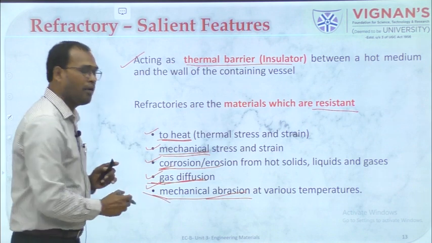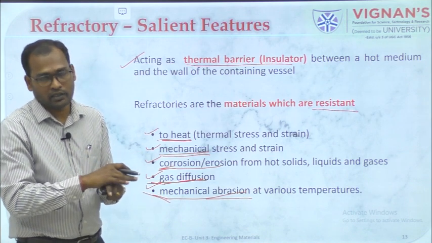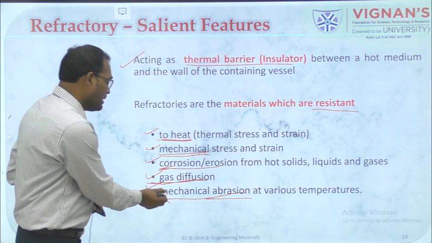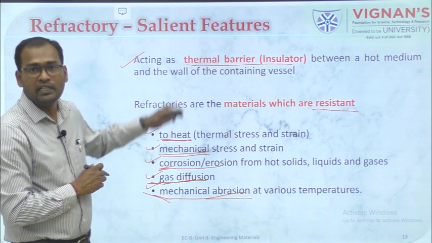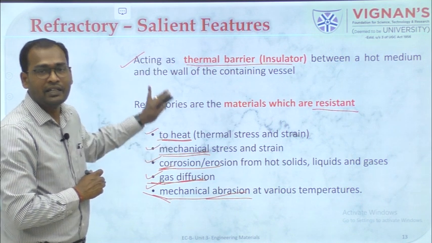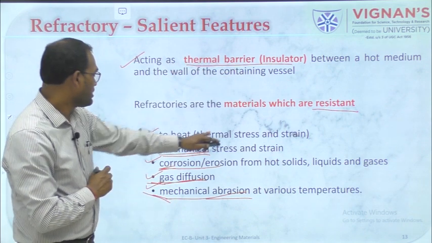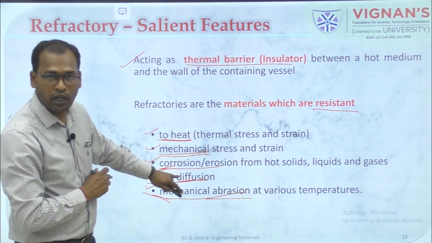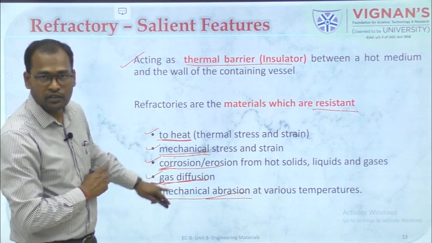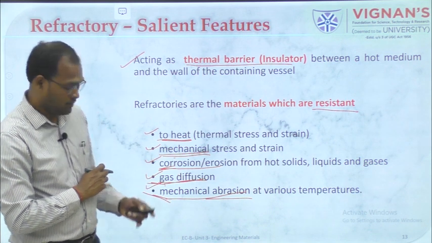And mechanical abrasion is just the deformation of the surface, so that can be resisted if you use these insulators. So these are the salient features of refractory materials. It acts as an insulator, it resists heat, mechanical stress, corrosion, gas diffusion, and also mechanical abrasion.